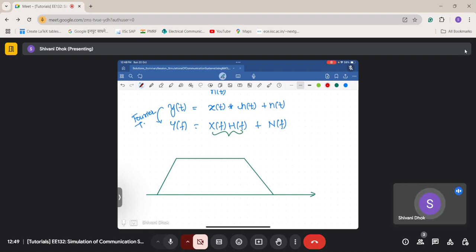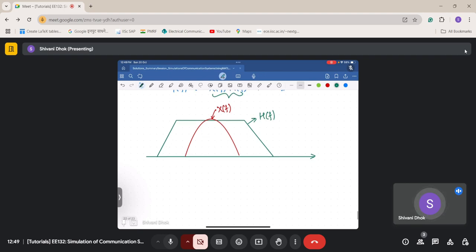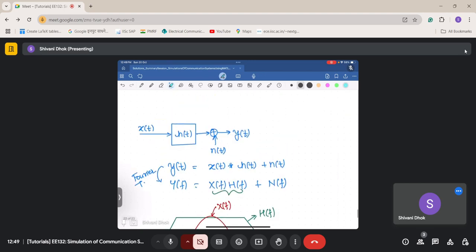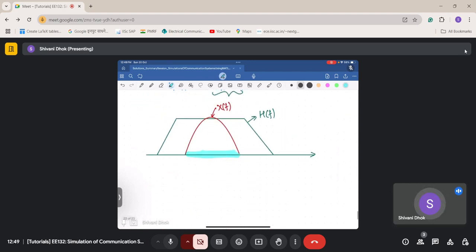And suppose this is the frequency response of your signal. So this is your X(f), and this is your H(f). The resulting one will be an appropriately scaled version that will be located only in this part. Okay, and if you observe, it is constant in this part also.